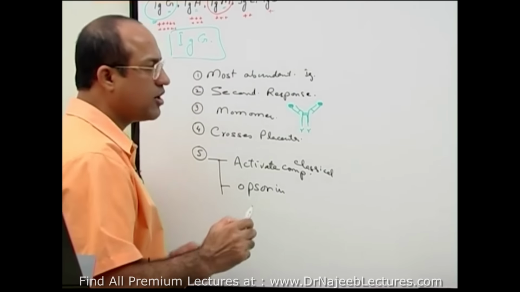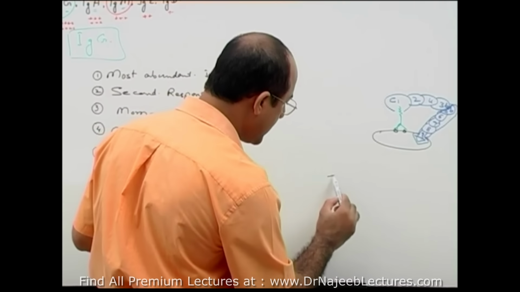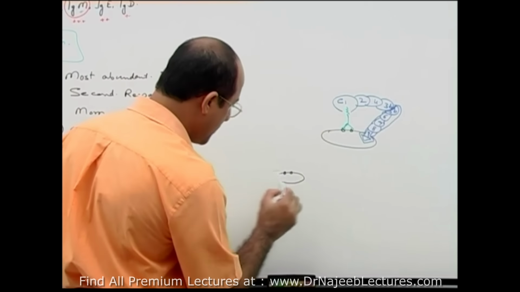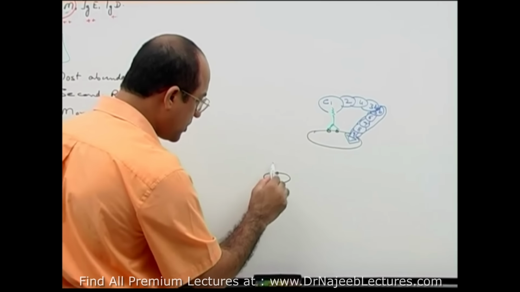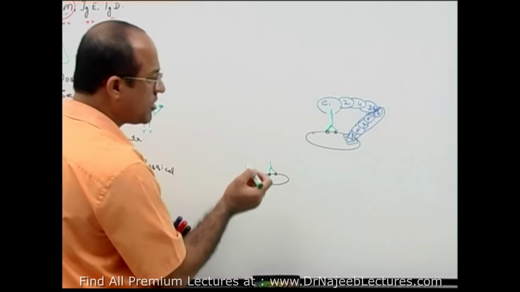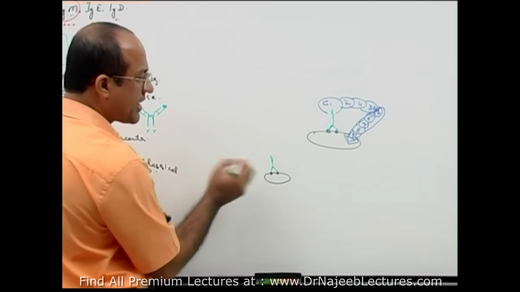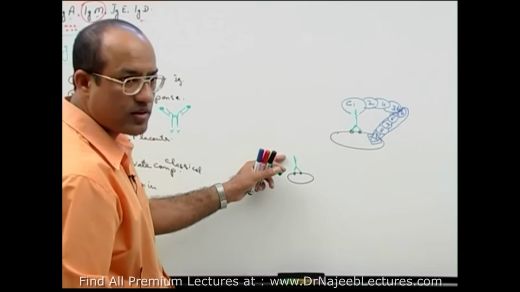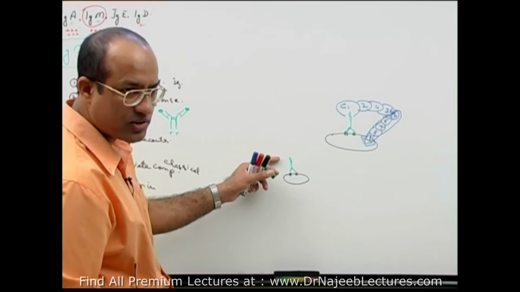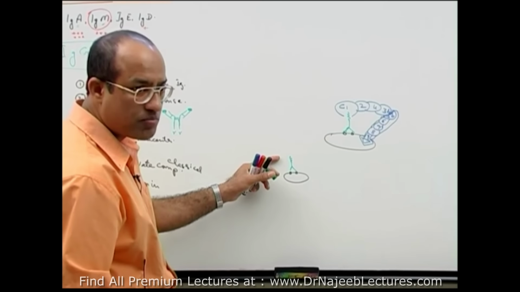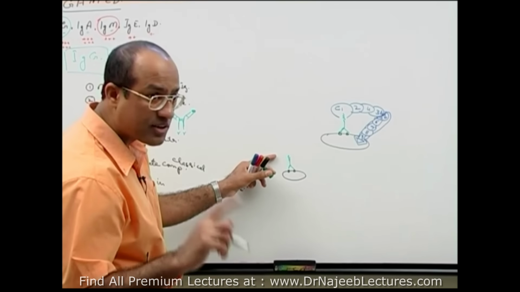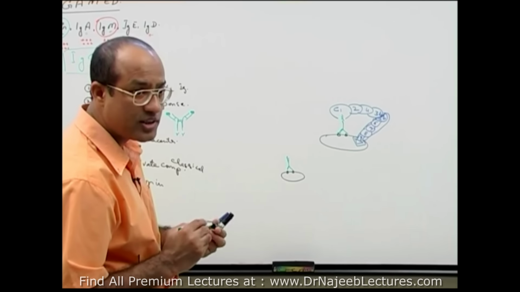Now what is meant by opsonization and opsonin? Actually, when IgG binds with the bacterial antigens, its Fc portion becomes active, and neutrophils and macrophages have membrane receptors for the active Fc portion of IgG.